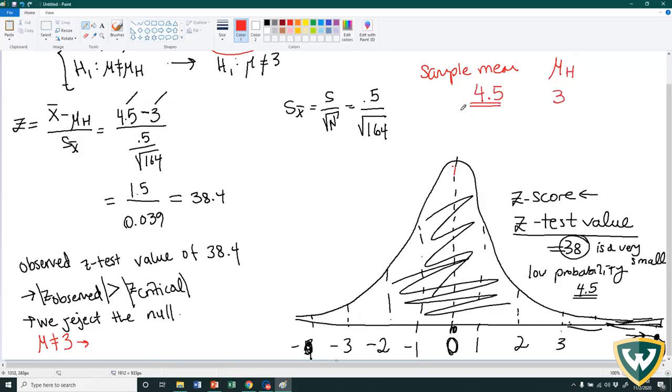So I can say that, because the sample mean is 4.5, I can conclude that consumers evaluate red packages more positively than neutral.